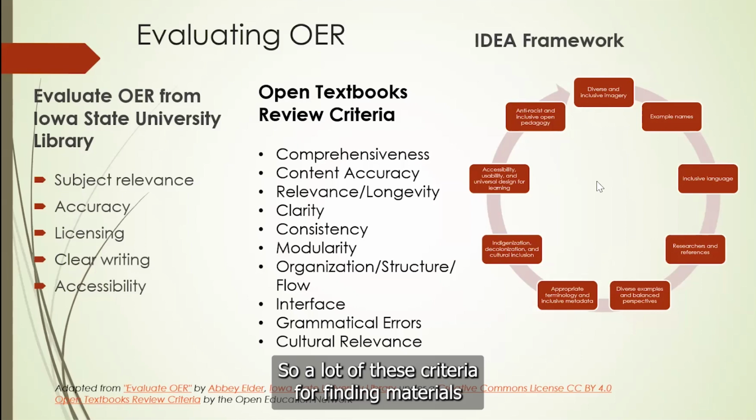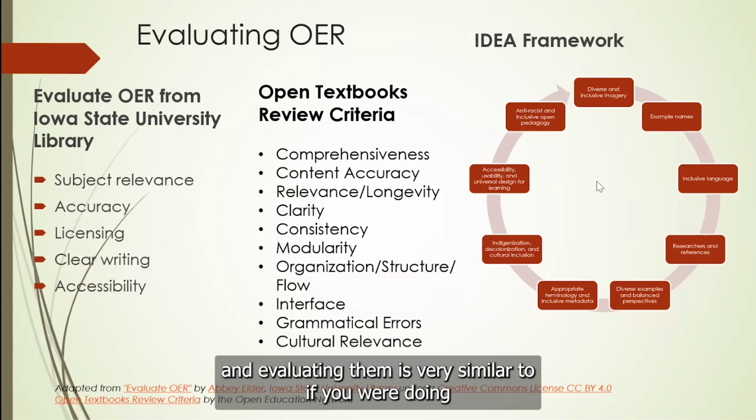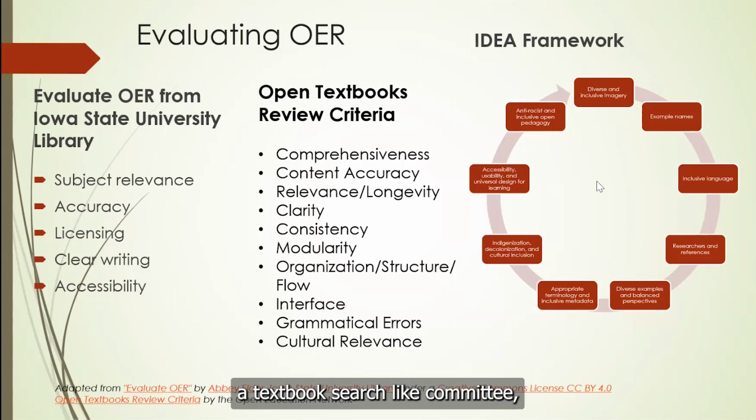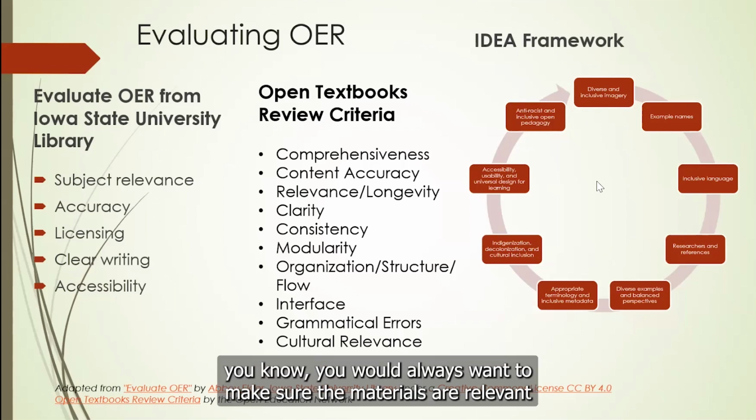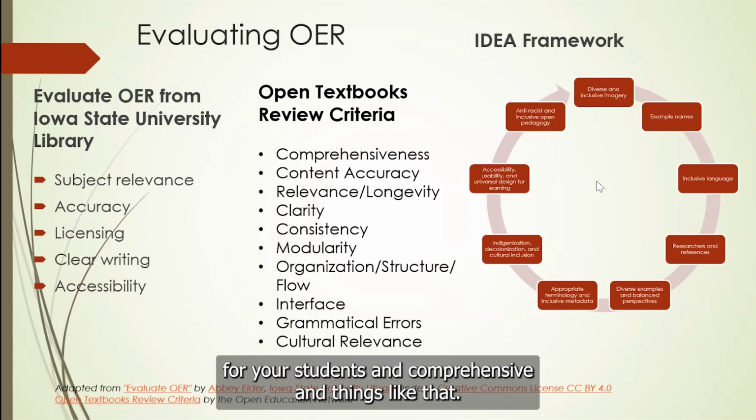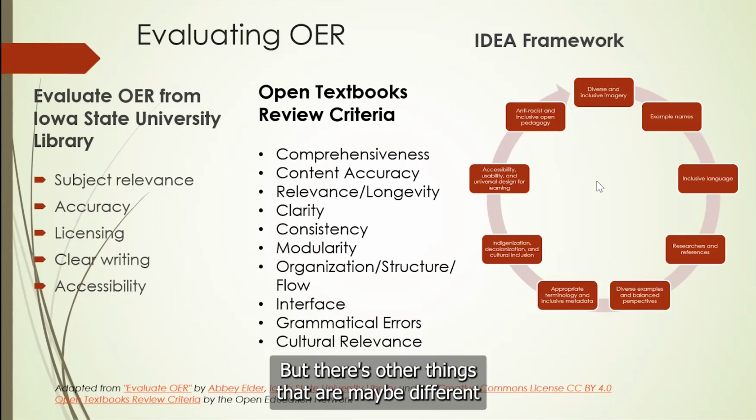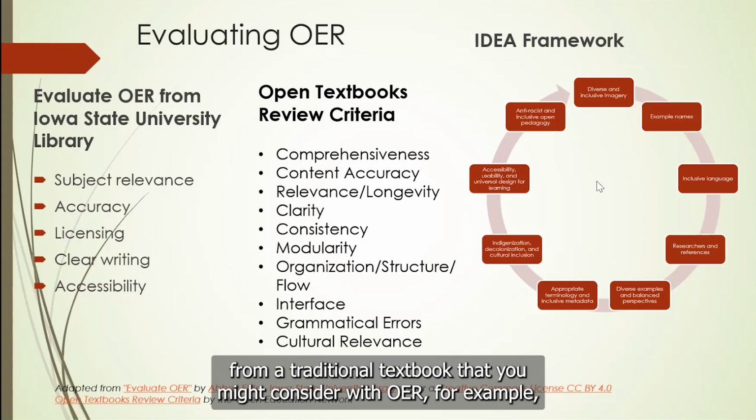So a lot of these criteria for finding materials and evaluating them are very similar to if you were doing a textbook search committee. You would always want to make sure the materials are relevant for your students and comprehensive and things like that. But there are other things that are maybe different from a traditional textbook that you might consider with OER.